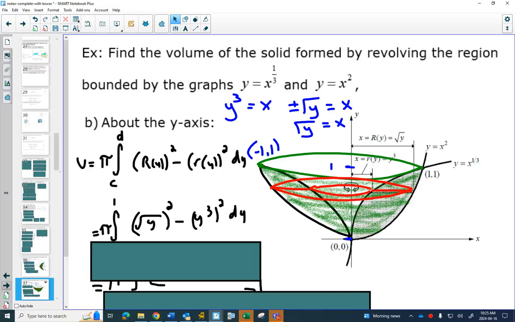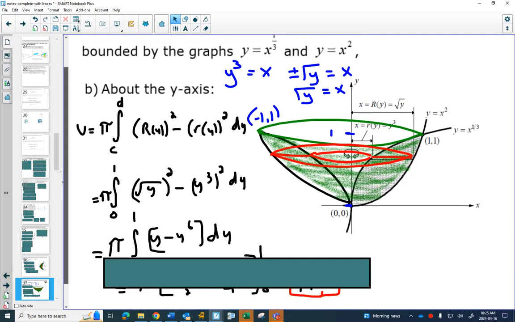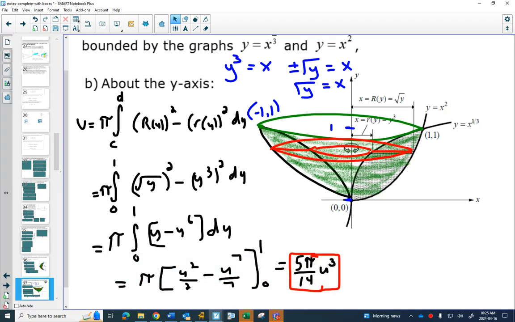That was my x squared, which became my x equals square root of y graph. My smaller one was the y cubed one. We square both. Life is good. The square root went away completely. Add 1 to the exponent and divide. And we got a different answer.